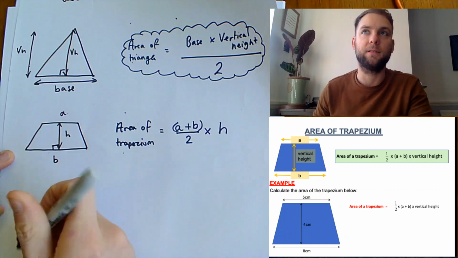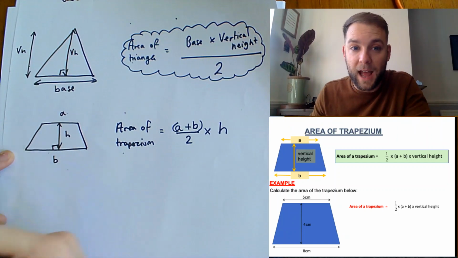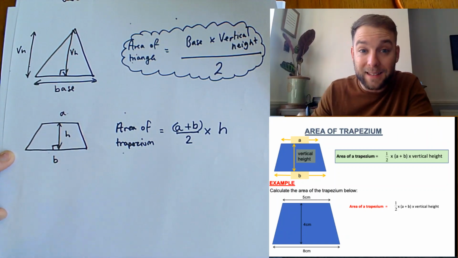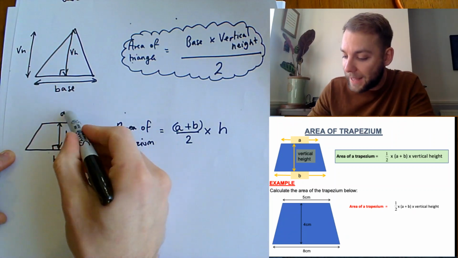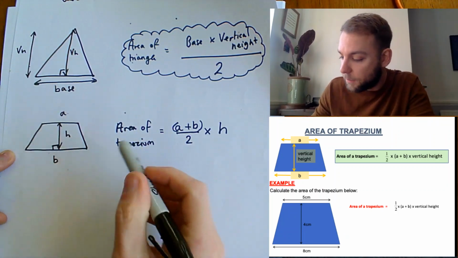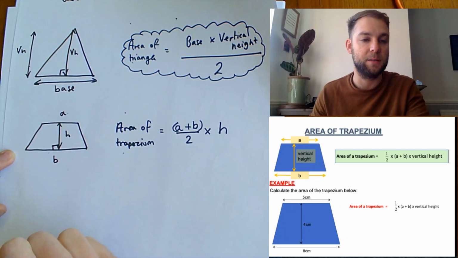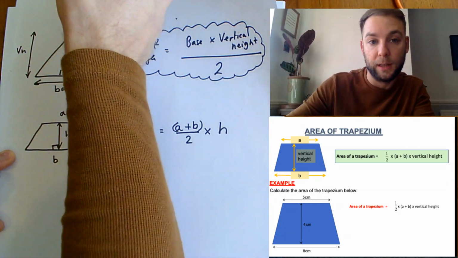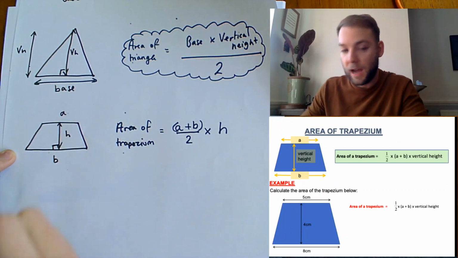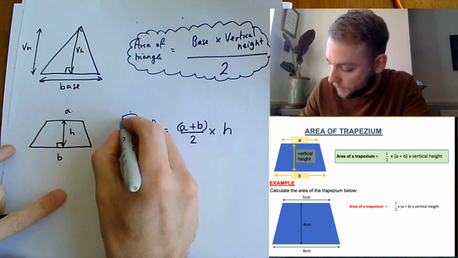You might want to think about if you've done the mean, hey diddle diddle, the median's in the middle, you add and divide for the mean. So we're adding the top and bottom and dividing by 2 to average those out. And then we're timesing by the vertical height, very similar to the triangle or the parallelogram. And that's the area of a trapezium.